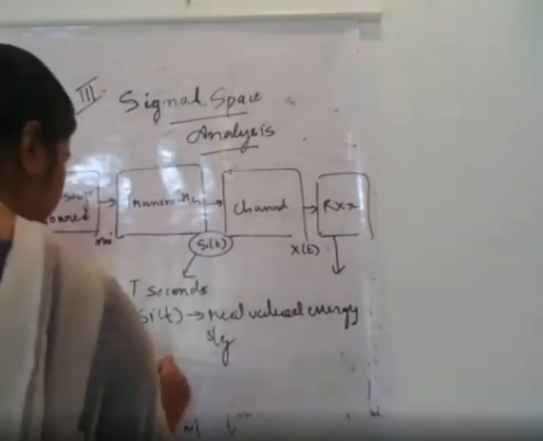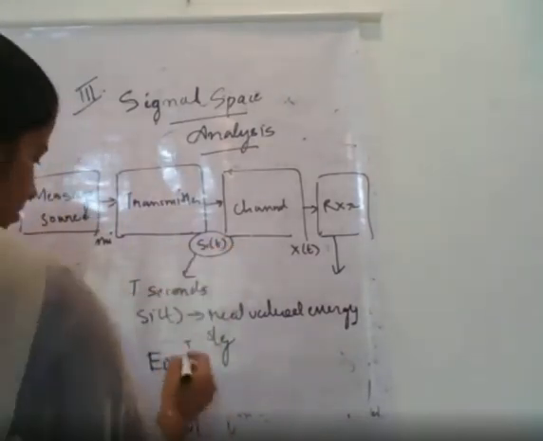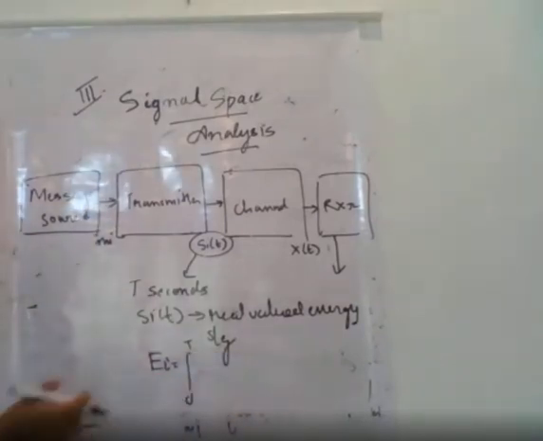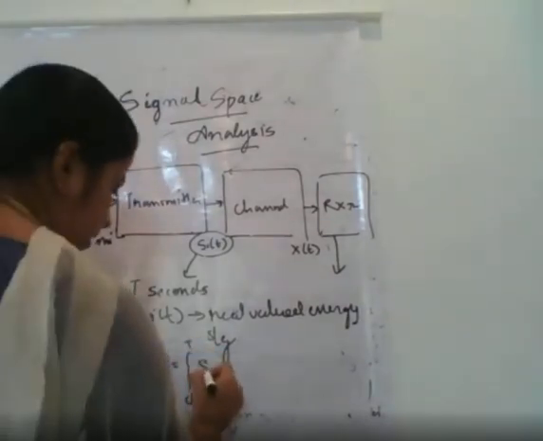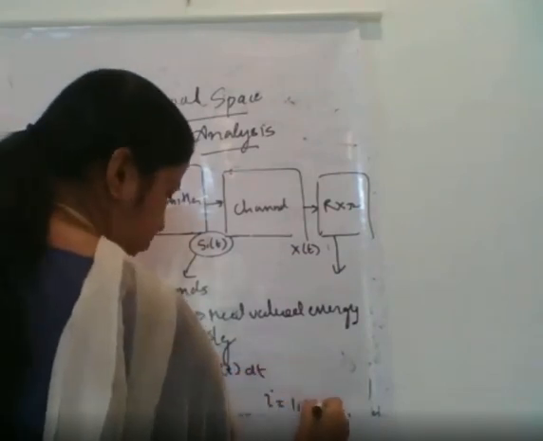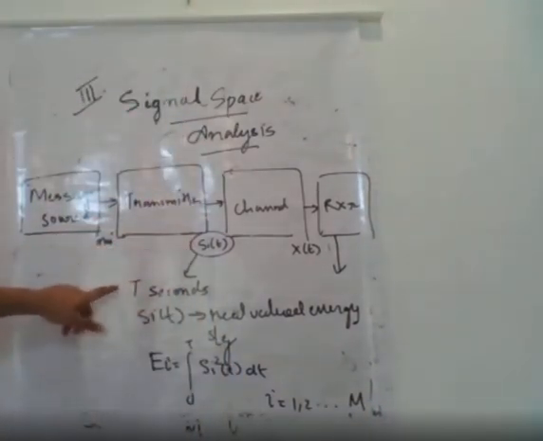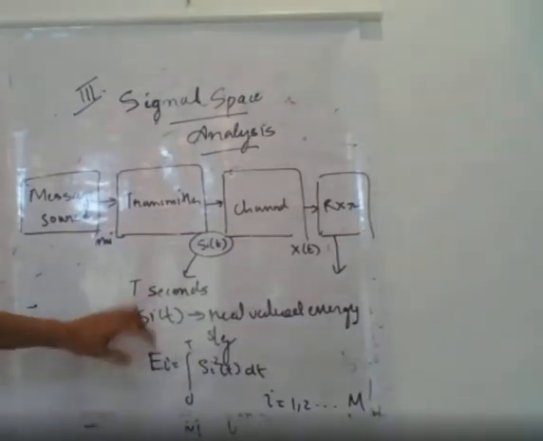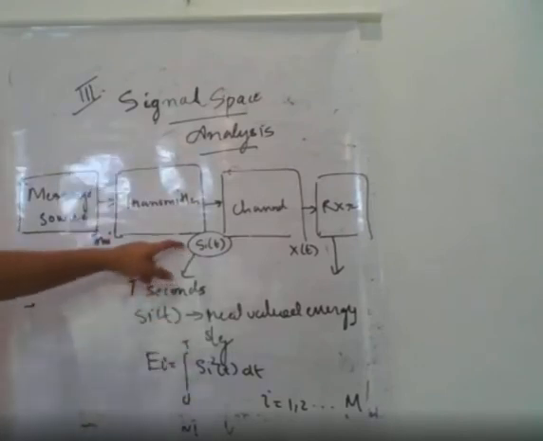So this energy can be denoted as Ei. It is calculated from 0 to t, as the signal has a duration of t seconds.